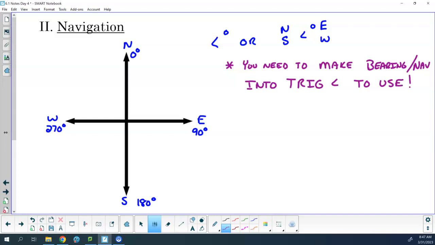Whatever angle you have is great, but the first thing that you do is you switch everything to a trig angle. That's rule number 1, step number 1. Switch it back to trig. Do all your calculations in trig angles. Then at the end, you have to switch back. I know it's a pain, but I get it.